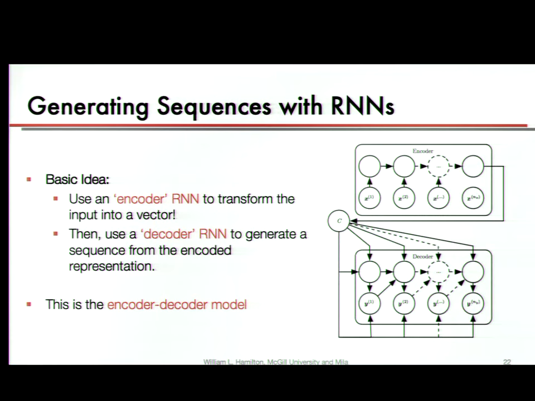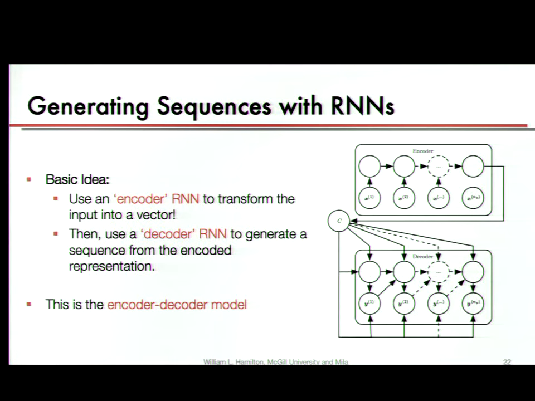This encoder RNN takes our input sequence and generates what we often call a context vector. We can think that the encoder RNN is trying to take, say, our sentence in machine translation, and represent the meaning of this sentence in a single vector.